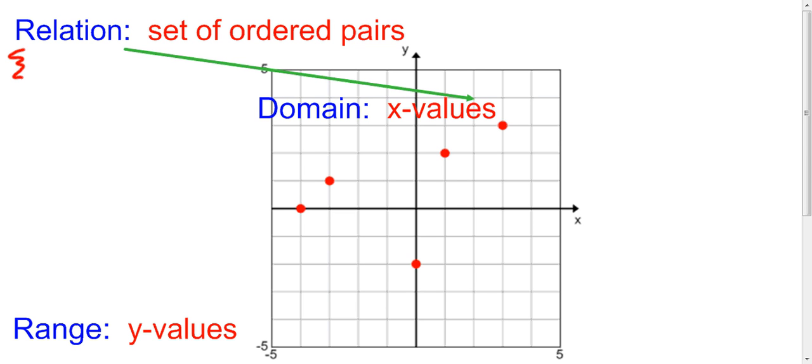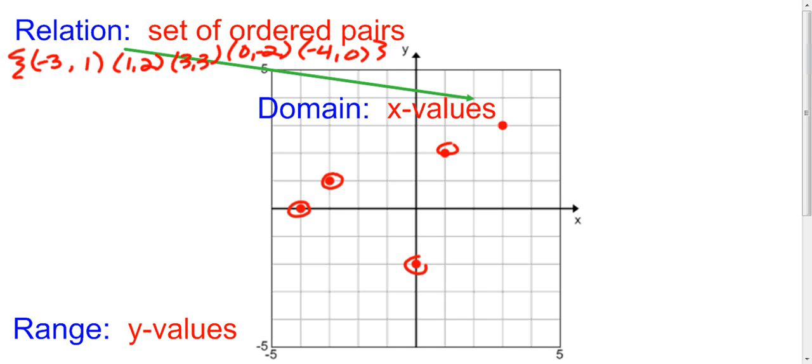These are the things that are in your relation. So it would be (-3, 1), (1, 2), (3, 3), (0, -2), and (-4, 0). Those are all the things in our relation, and they come from these ordered pairs right here.